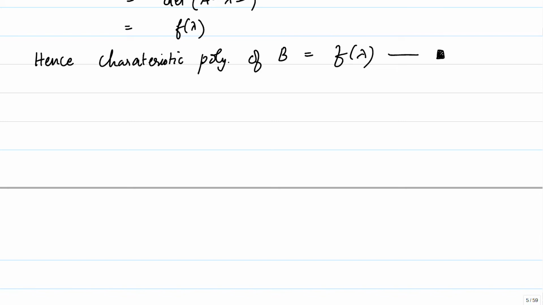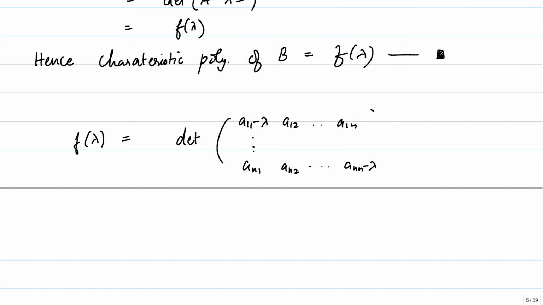Okay, so before we jump into any more properties, let us notice what we are doing when we are computing the characteristic polynomial. Notice that f of lambda is just the determinant of the matrix with entries a11 minus lambda, a12, up to a1n, down to an1, an2, up to ann minus lambda. So, you can think of this as the determinant of a matrix which has polynomial entries, polynomials in lambda, the indeterminate being lambda.